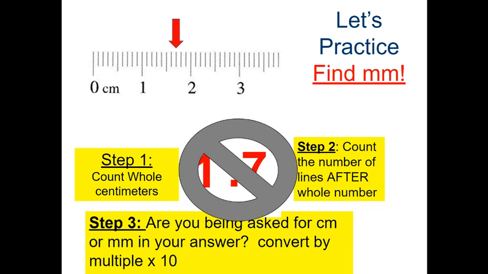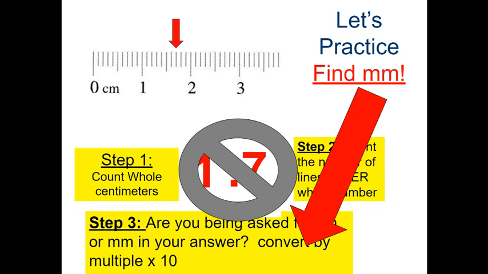Not 1.7 centimeters, it's going to be 17 millimeters. Okay, so if you need to review that, go ahead and rewind the video and watch that one more time. But every time that we're being asked to convert from centimeters to millimeters, we are multiplying.